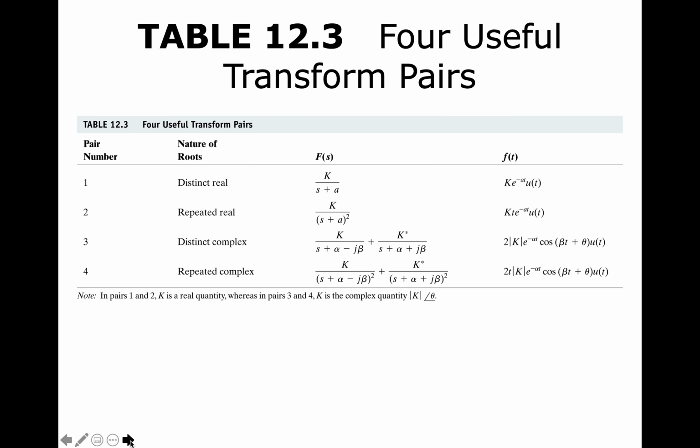This is also from your textbook. It is a number of useful transform pairs, and you'll find as we begin to discuss the inverse transform, this table is pretty useful. So k is always a constant in 1 and 2. In 3 and 4, it's a complex number, so it has a magnitude and a phase, and that's given here in this explanation.